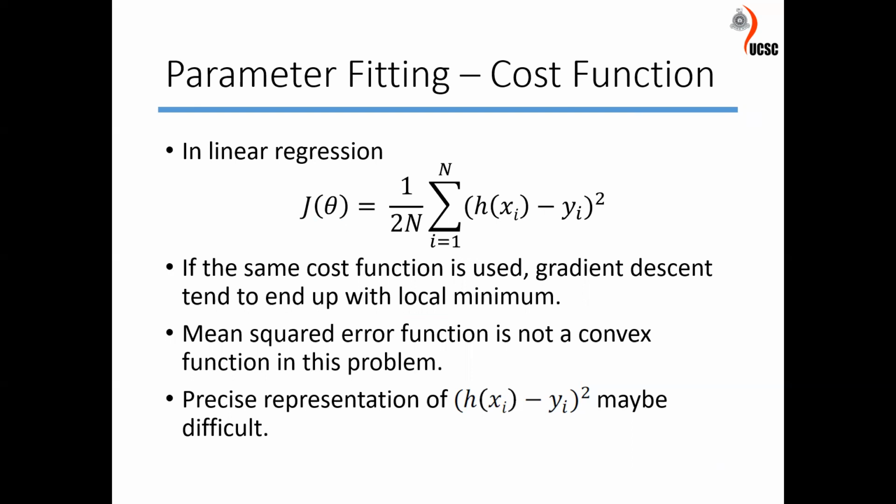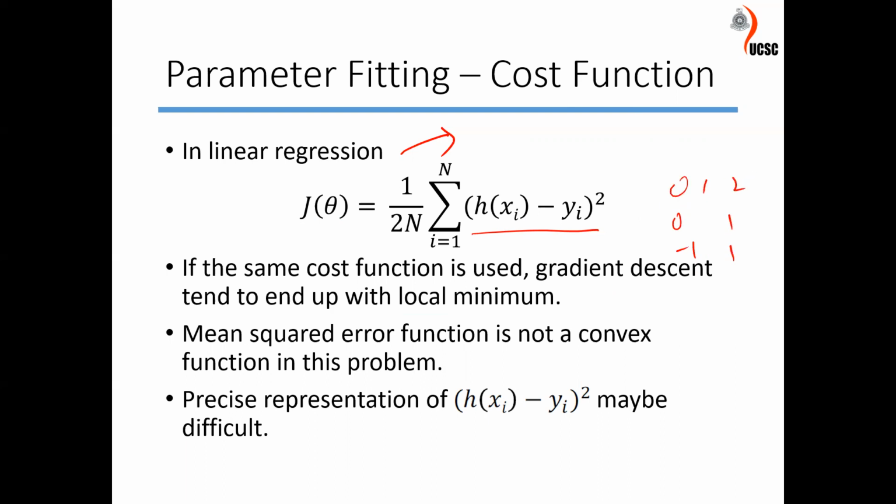When considering linear regression, our cost function was h(x_i) minus y_i. But in linear regression, you can have any real value. In logistic regression, we're going to do classification, so we have some defined values, either 0, 1, or minus 1, 1, or 0, 1, 2, something like that.